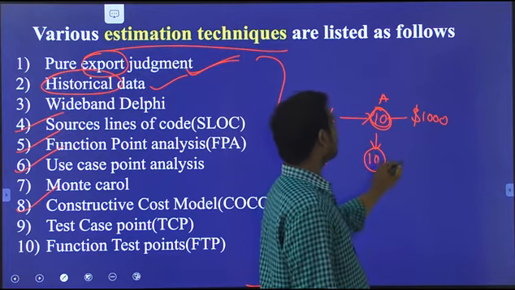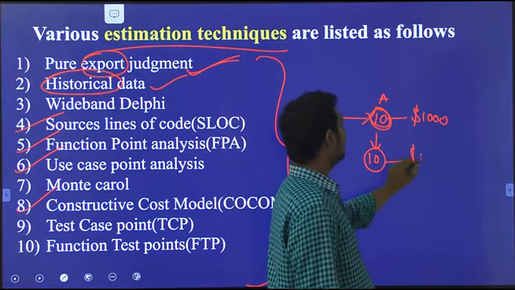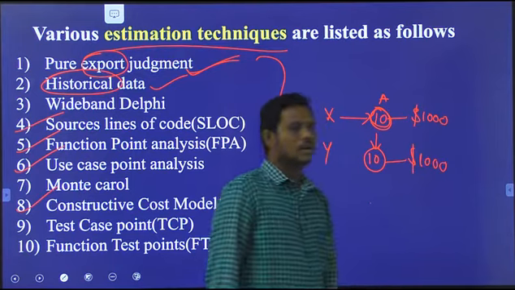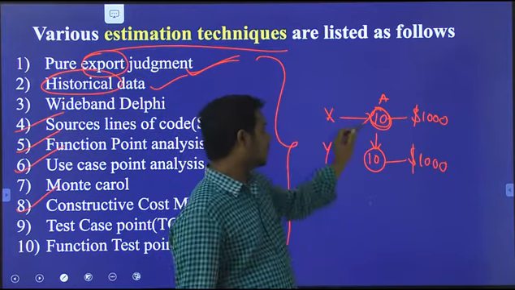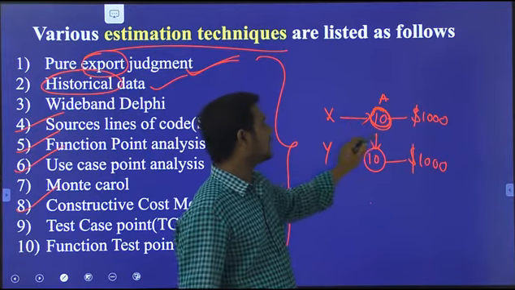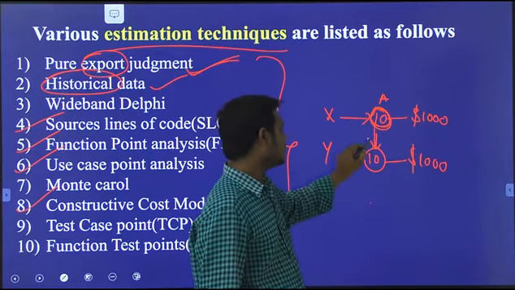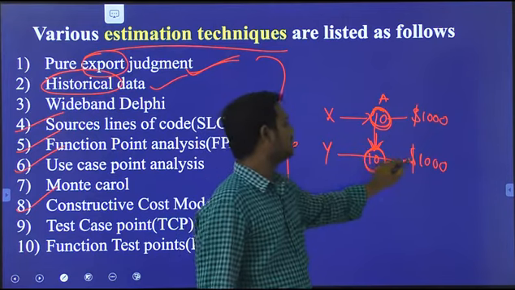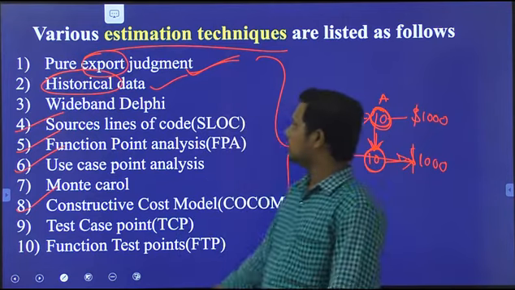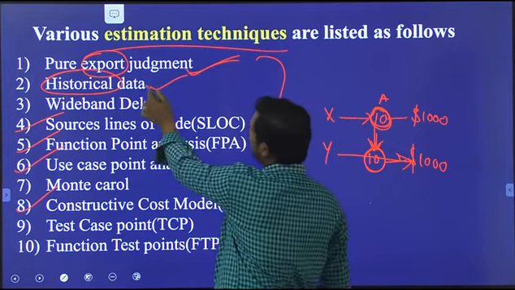So in our Y project also, the same estimation applies. This is the advantage of historical data. The historical data is that these activities are involved in our project also, so we estimate the same cost. This is called the historical estimation technique.